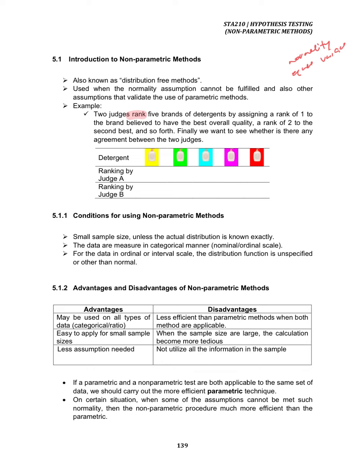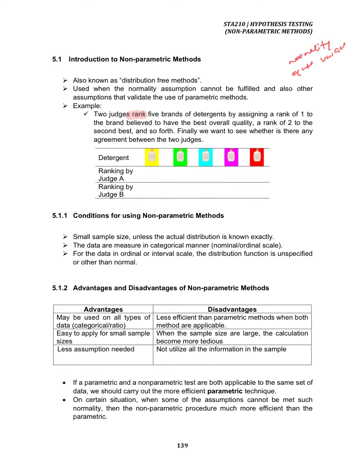If you have ordinal or interval scale data, we also can use the non-parametric method. When the distribution is not specified, meaning the data are not normally distributed, then we can diverge to the non-parametric method.